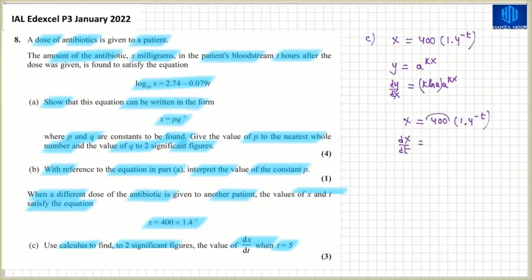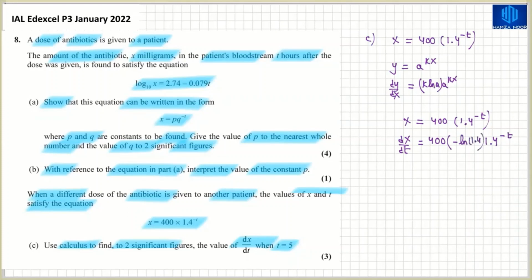Okay, so 400 is basically a constant term which is being multiplied with 1.4 raised to the power minus t. So 400 will come as it is over here. And then we need to differentiate 1.4 raised to the power minus t with respect to t. So first I'm going to write 1.4 raised to the power minus t as it is, and then it will be multiplied by minus ln 1.4.